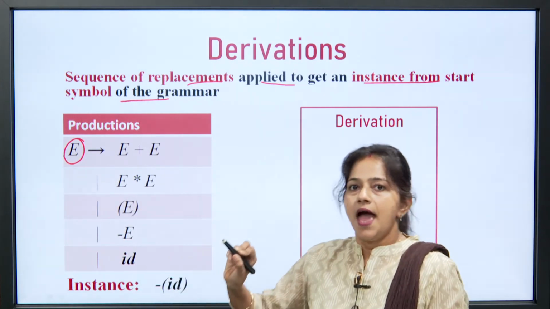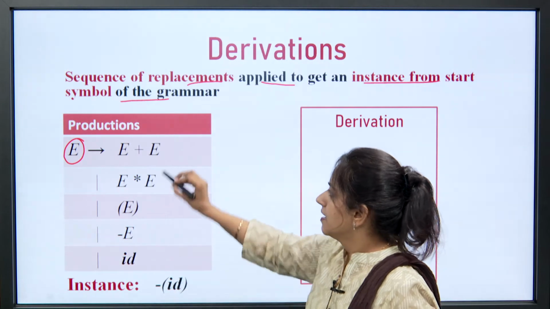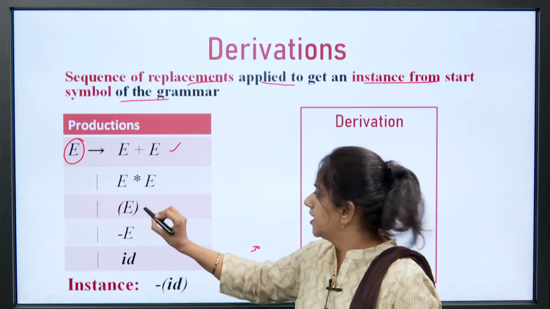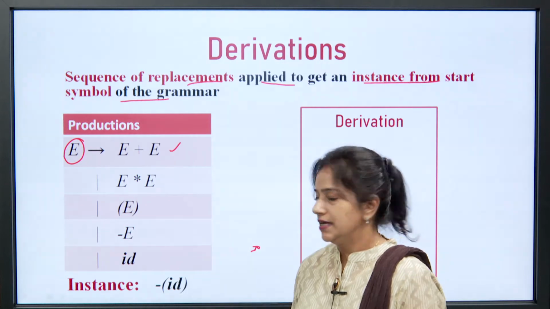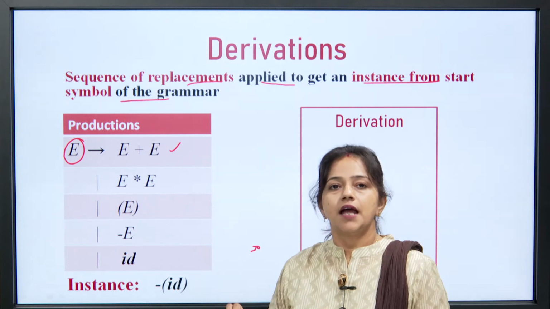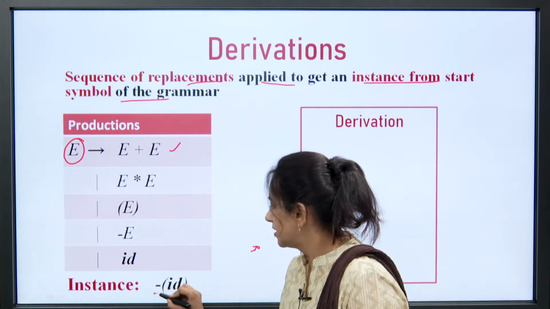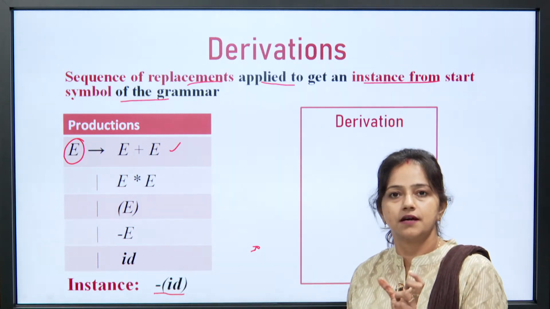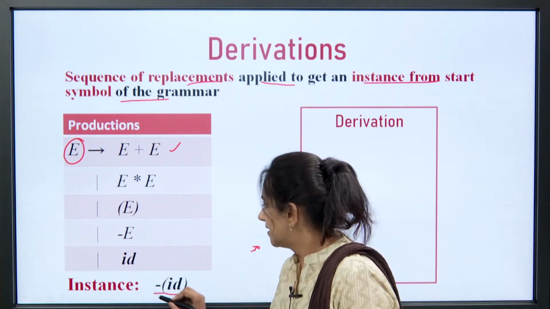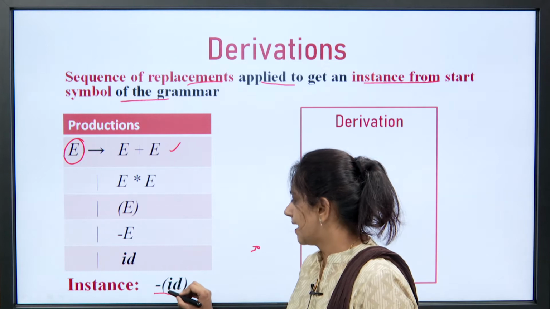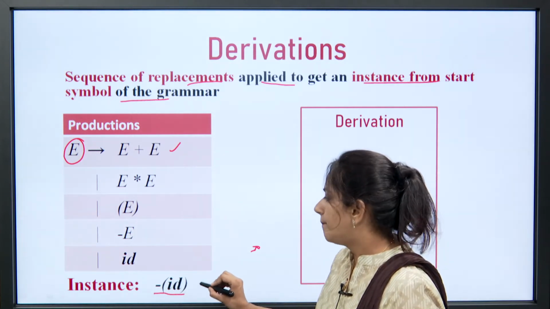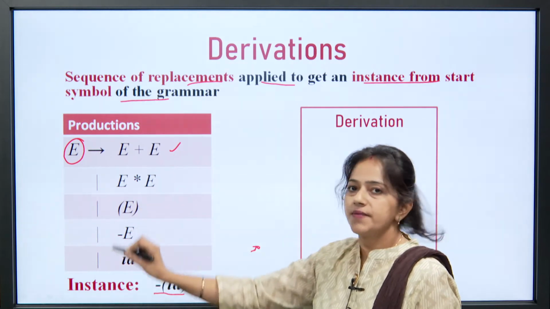Suppose we have this grammar, where capital E is the start symbol, and it has productions like E to E plus E, E to E multiplication E, E to parenthesization of E, E to minus E and E to ID. Now, here one instance is given to us. Instance means a sentence that belongs to the language. So, here the instance is minus opening parenthesis ID and closing parenthesis. We need to obtain this instance from this grammar.